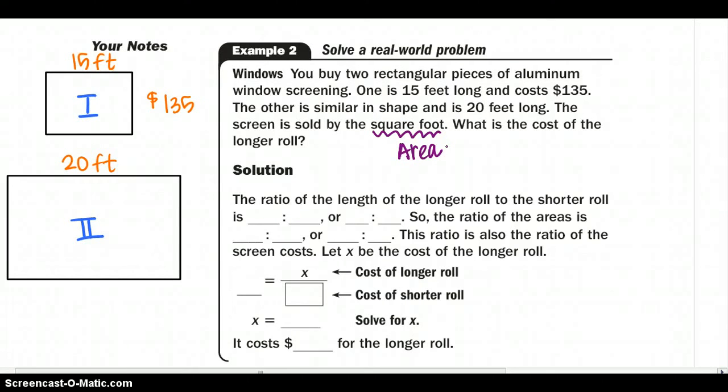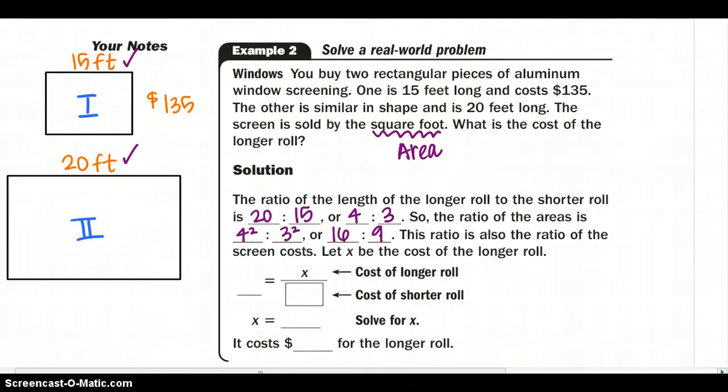So the ratio of the lengths of the longer roll to the shorter roll: we have in common our side length, so we're going to use that. Longer is 20 to my shorter 15, which really gives me 4 to 3 as my ratio. So the ratio of the areas, remember, all you do is square that value, so you get 16 to 9. This ratio is also the ratio of the screen's cost.